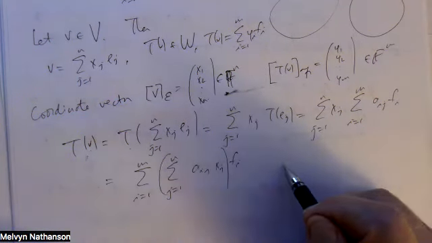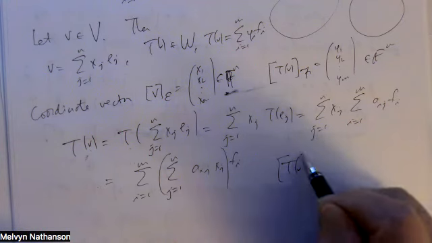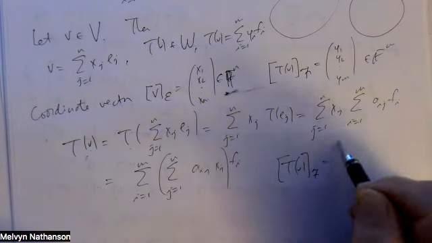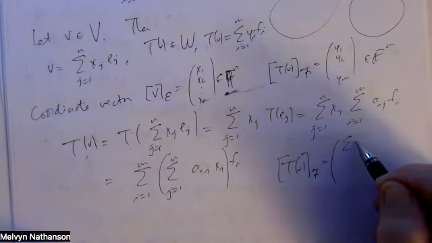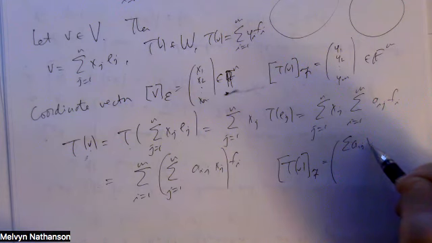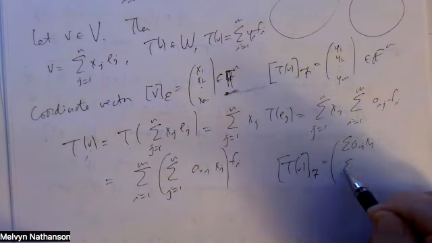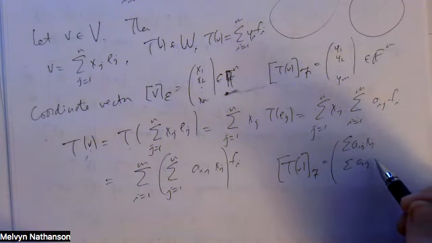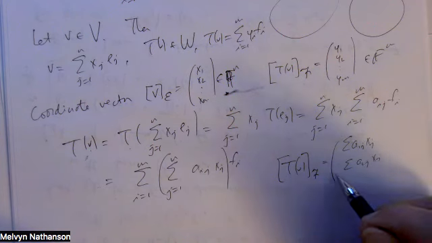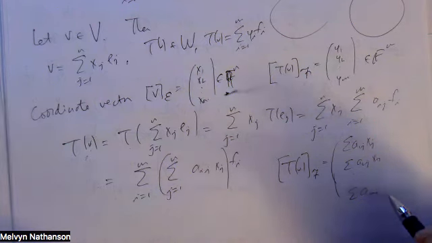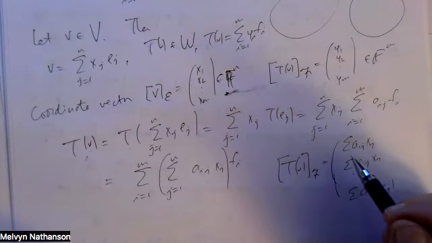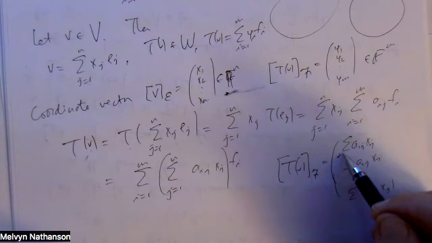So if I look at the coordinate vector for T of v with respect to f, these are the coordinates: summation a1j xj, summation a2j xj, down to summation amj xj. j goes from 1 to n in all these sums.